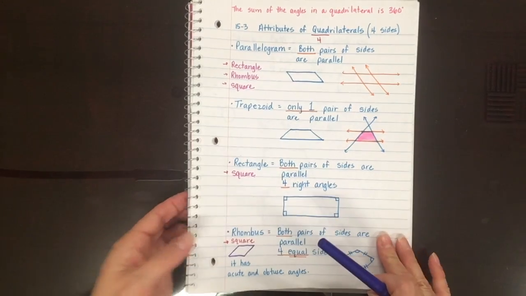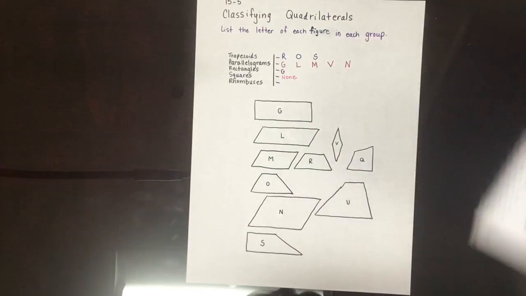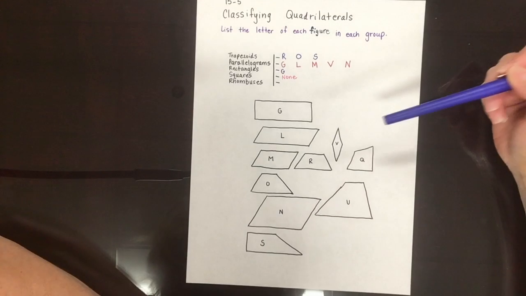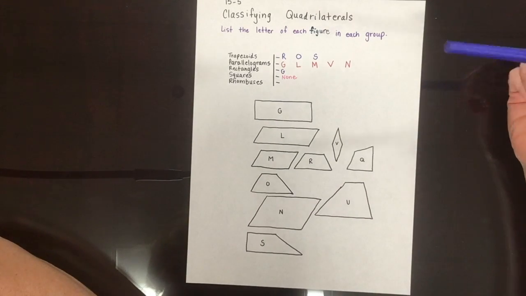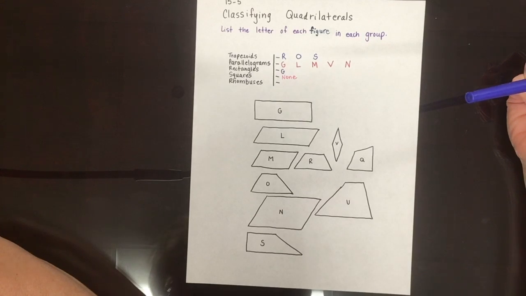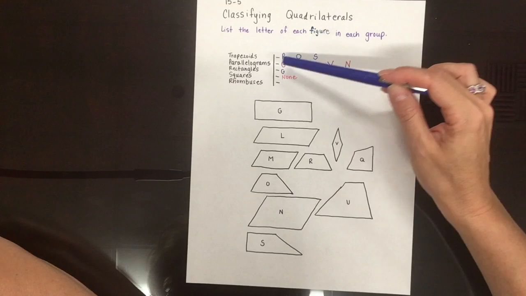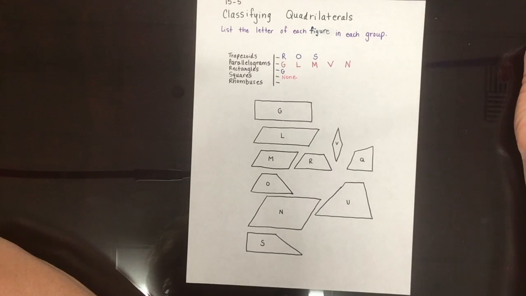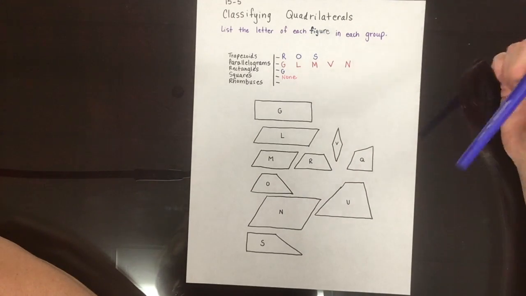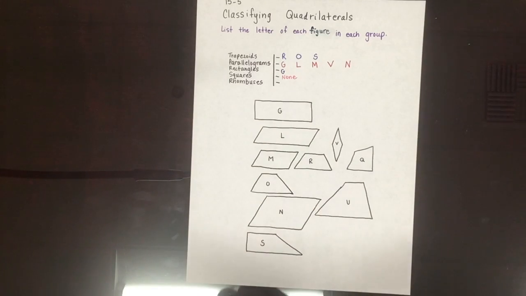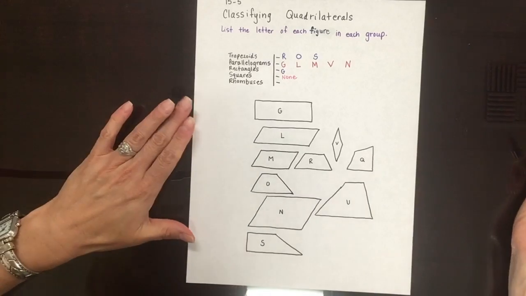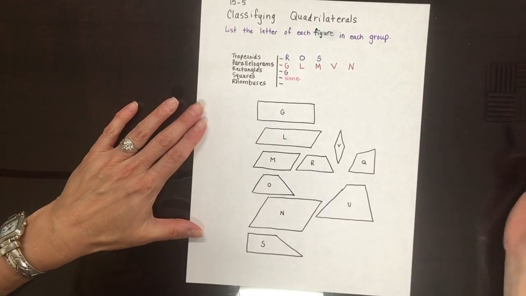Let's see if you can spot the rhombus here. It looks a little bit different. So 4 equal sides, and both pairs of sides are parallel. So that means it's going to fall under the parallelogram category. It's also a parallelogram, but this shape is also a rhombus. Were you able to find it?